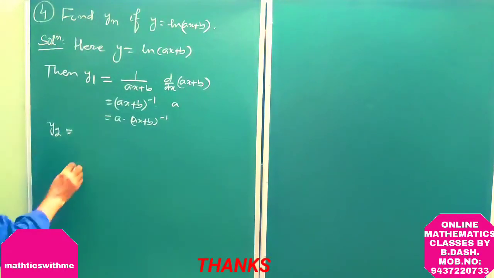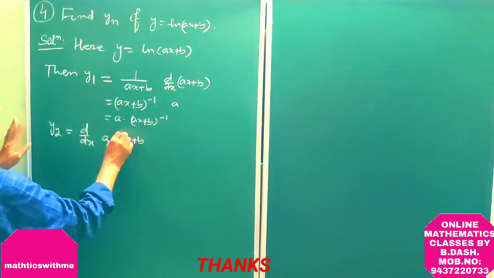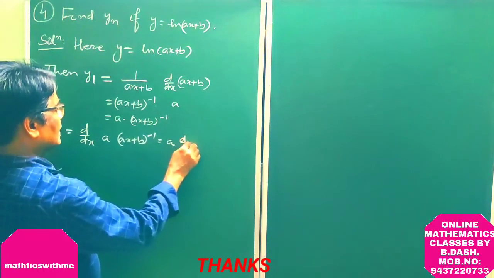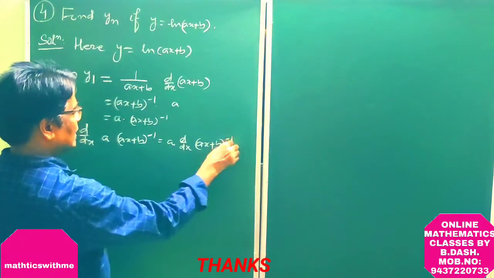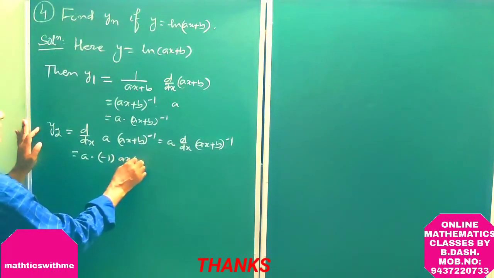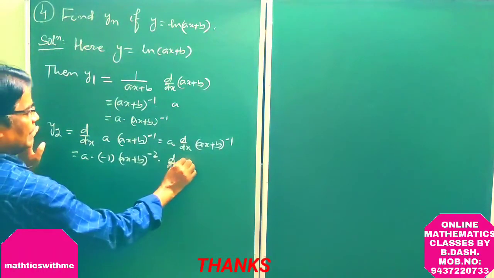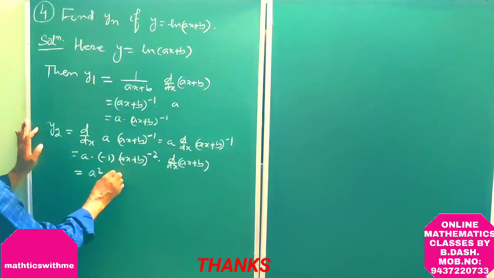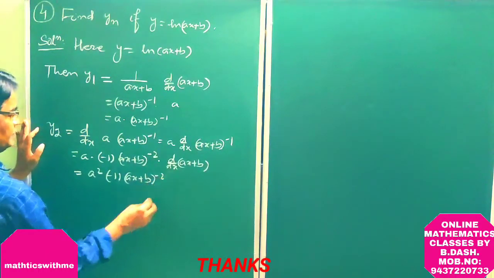Then y2 is d by dx of a (ax + b)^(-1), which is a constant times the derivative of (ax + b)^(-1). This is (-1)(ax + b)^(-1-1) times the derivative of ax + b, which is a. So this is a squared (-1)(ax + b)^(-2).